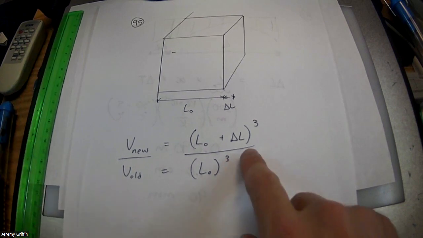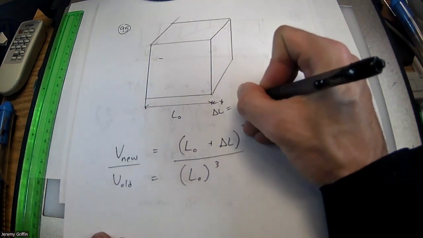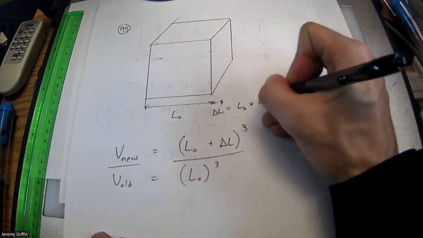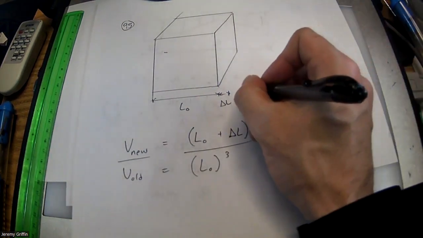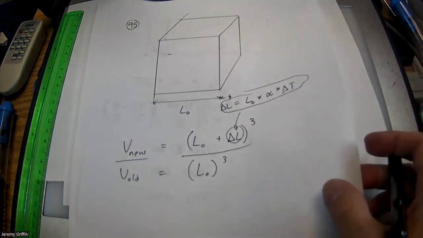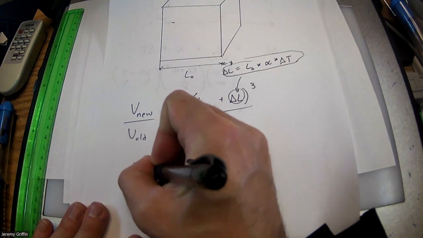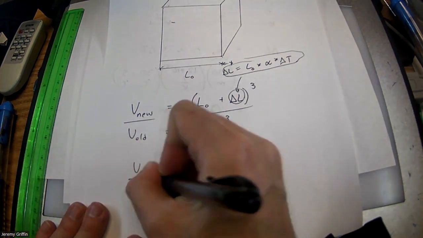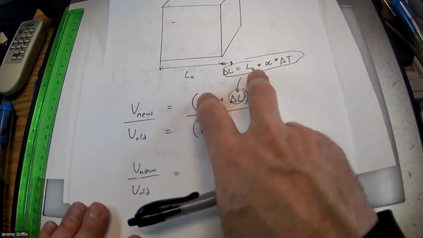That's the idea. Now, change in length. I know that the change in length is equal to original length times coefficient of thermal expansion times the temperature change. So I can substitute that, and you can factor out an L naught.